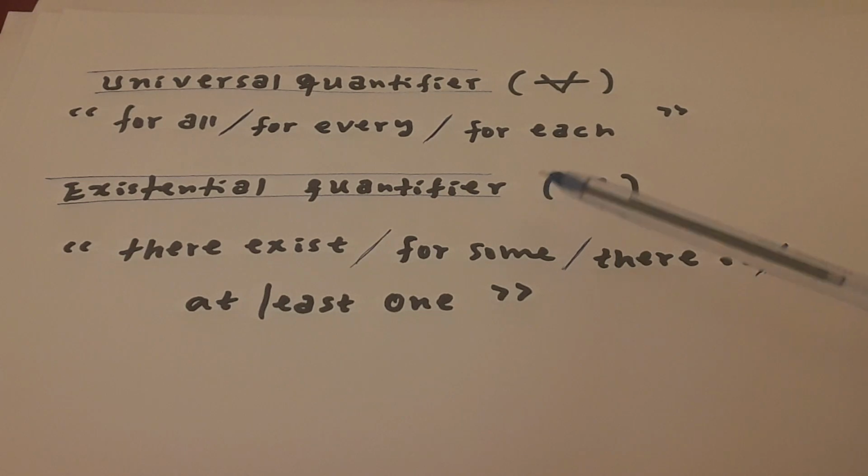Now, the reason why I care about this is, let's go back to the idea of a predicate, because a predicate is something that is sometimes true and sometimes false. It might be that the predicate is always true, or it could be that for some values of x the predicate is true.